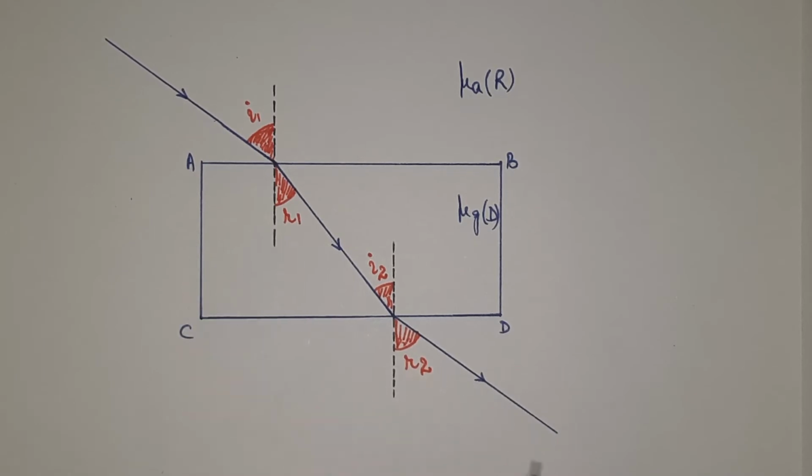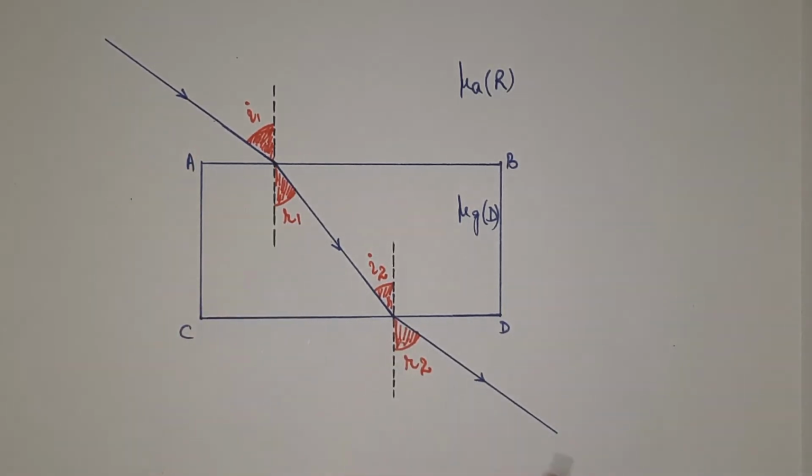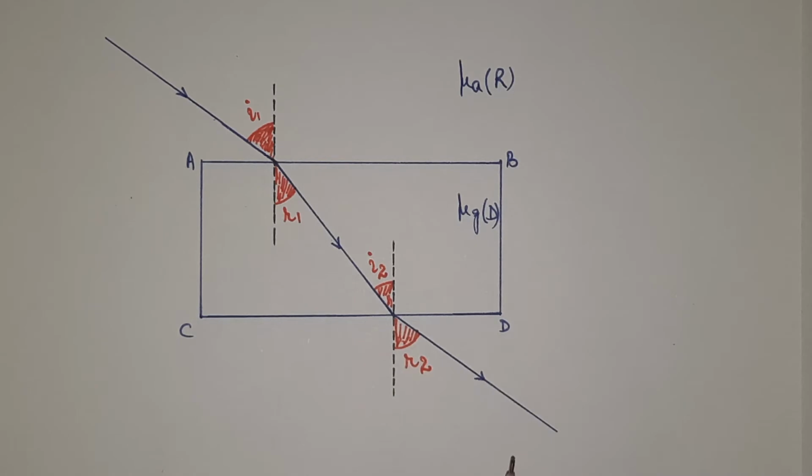When a ray of light passes through a rectangular glass slab, the ray is not deviating from its path; the path is parallel. There is no deviation angle between the initial and final path. The angle of deviation in this situation is equal to 0.